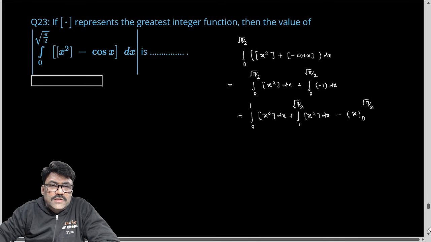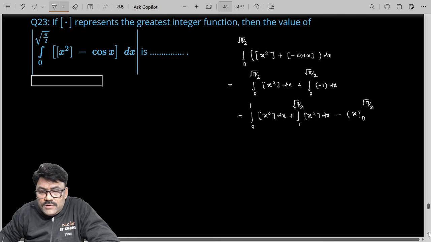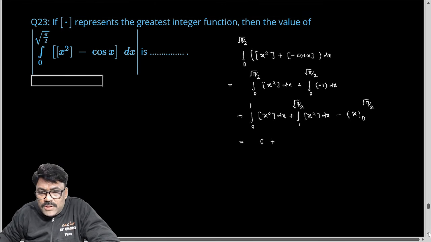So in 0 to 1, this will be 0. And since root pi by 2 is less than root 2, x square lies between 1 and 2 only here, so the integral part of x square will be 1. So it is 1 to root pi by 2, and since the integral part is 1, it is dx here.